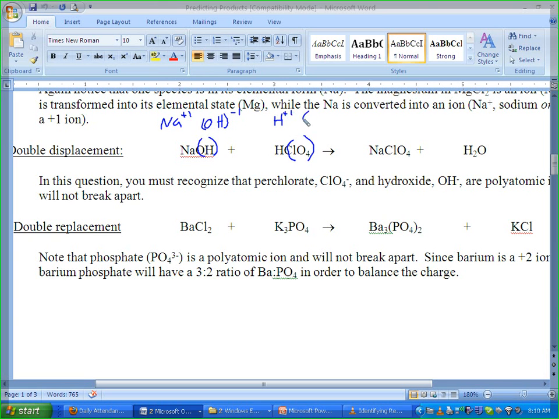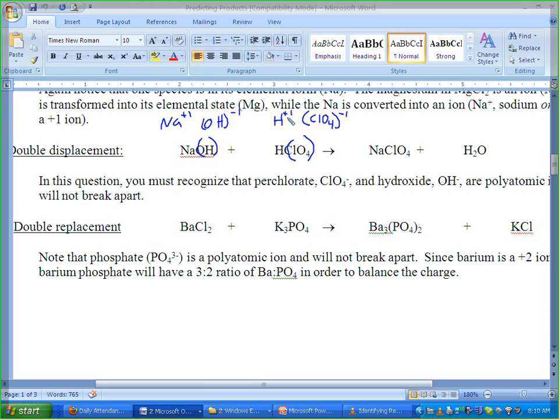Now, I know what you're saying, and it's kind of the same thing, right? If you switch the anions, that's the same as switching the cations. But if you put this cation over here and this cation over here, that's how you get H+ OH-, and they just rewrote that as H2O. Anytime you have HOH, just write it as H2O. And then the other one is going to be NaClO4.